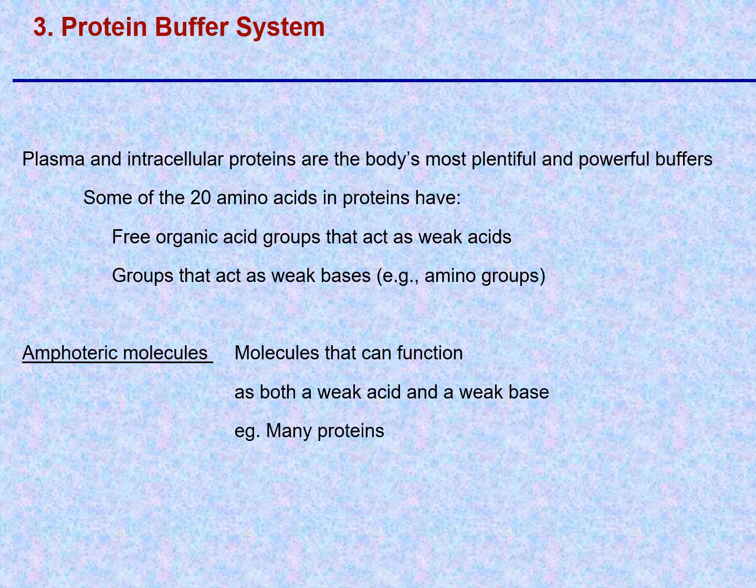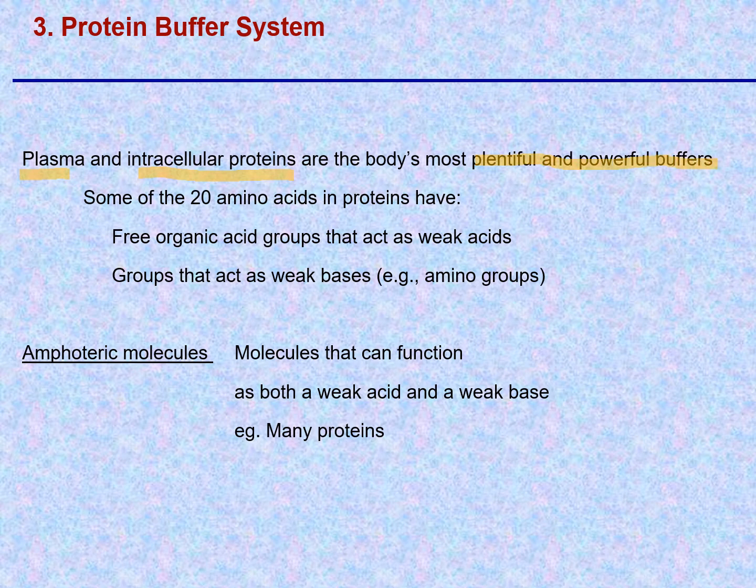Okay, let's look at the protein buffering system. The proteins, and you have a lot of proteins present in the plasma, and you also have proteins in the intracellular cytoplasm, are plentiful, powerful buffers.